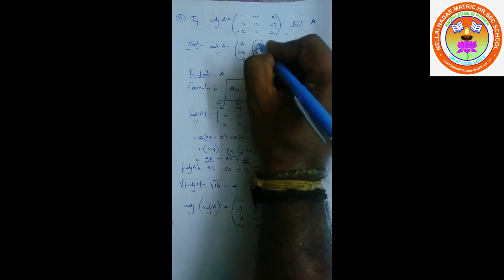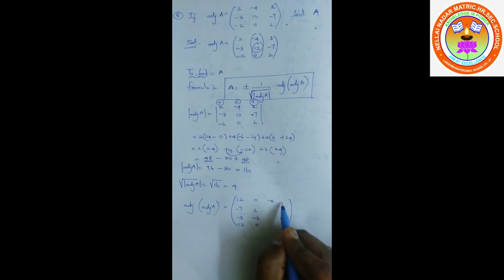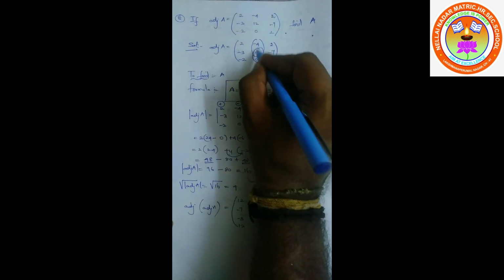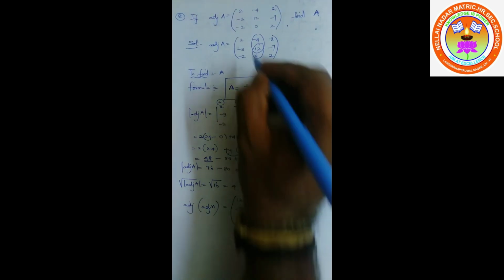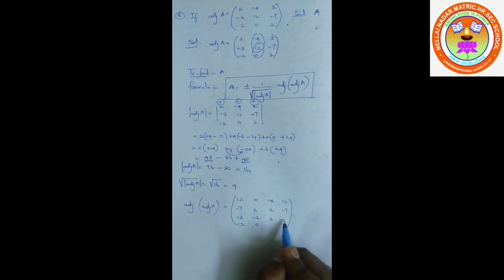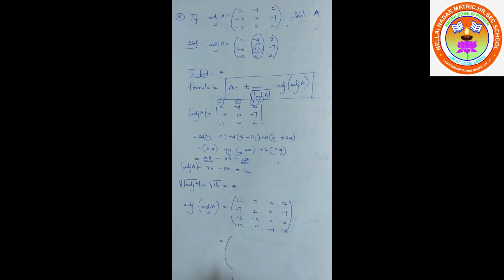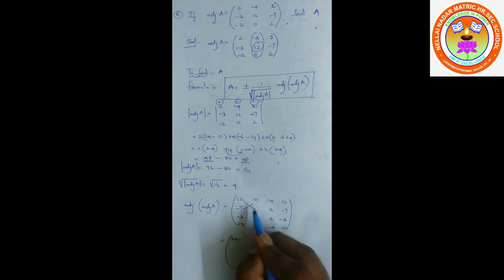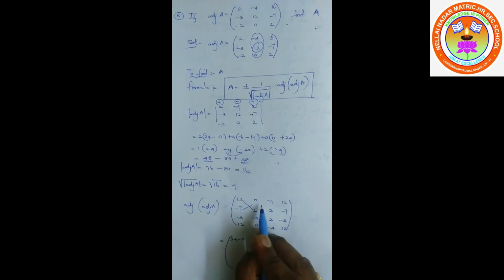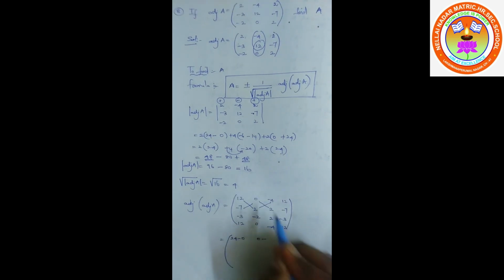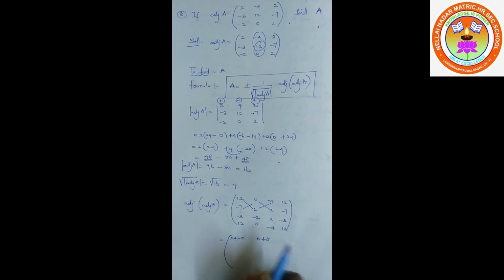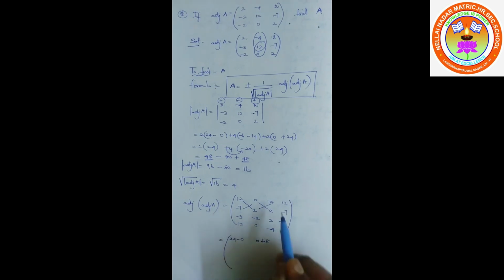Next these both, minus 4, 12, minus 4, 12, 2 minus 7, 2 minus 7, 2 minus 3, same we need to add minus 4 and 12. So the answer is going to be: 12 2s are 24, always minus, minus 7 into 0 is 0. 0 into 2 is 0, always minus, 2 into minus 4 is minus 8, already minus present, so I need to write plus 8.